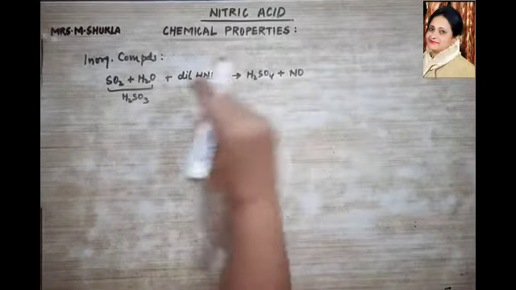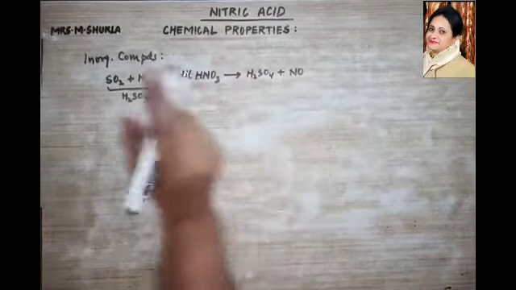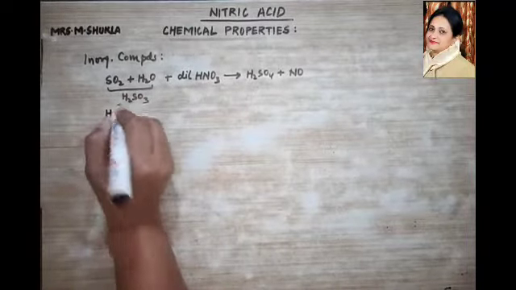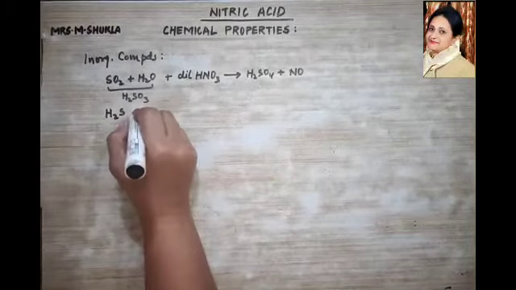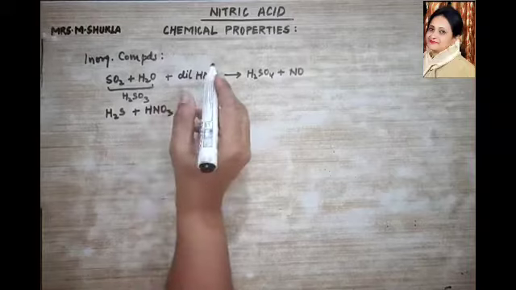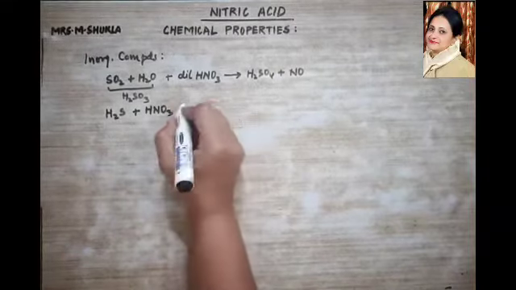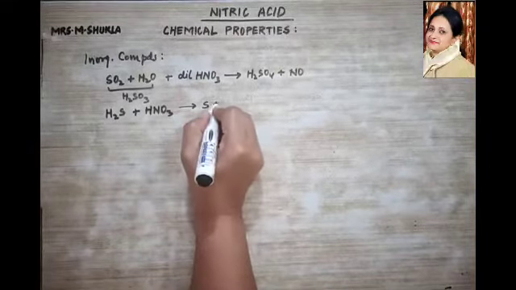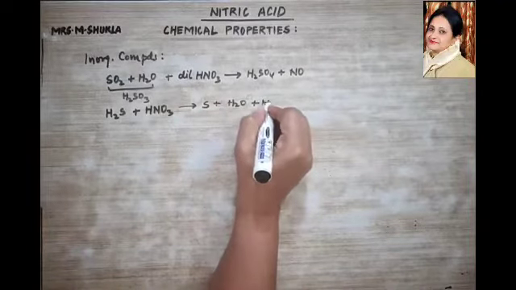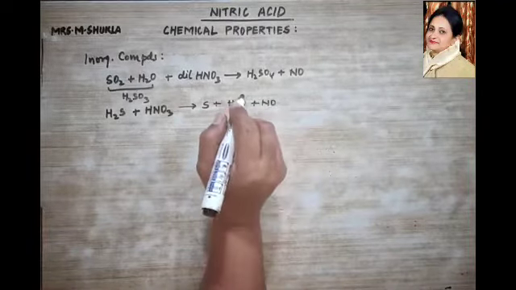Do you remember nitric oxide with dilute acid? Then another example could be rotten egg smelling gas, H2S, when treated with dilute nitric acid. It will give sulfur plus water, and nitric oxide will be given out.